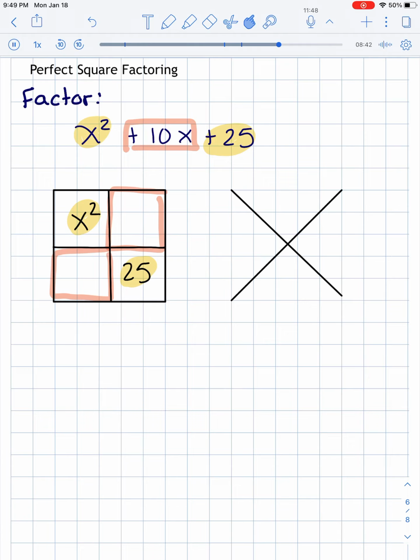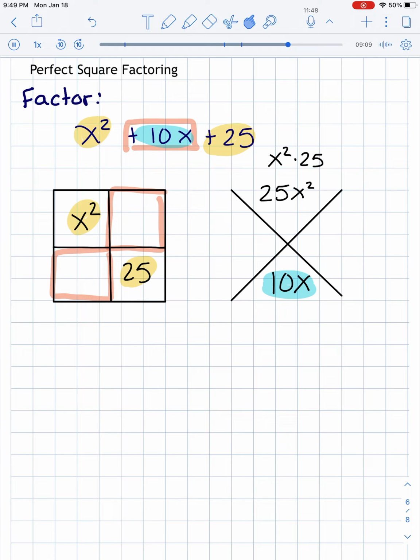And put 10x on the bottom of that, because I know that's where my 10x comes from as my middle term, my bx term. And then for the top of my diamond, I'm going to take my x squared and multiply it by 25 to give me 25x squared.